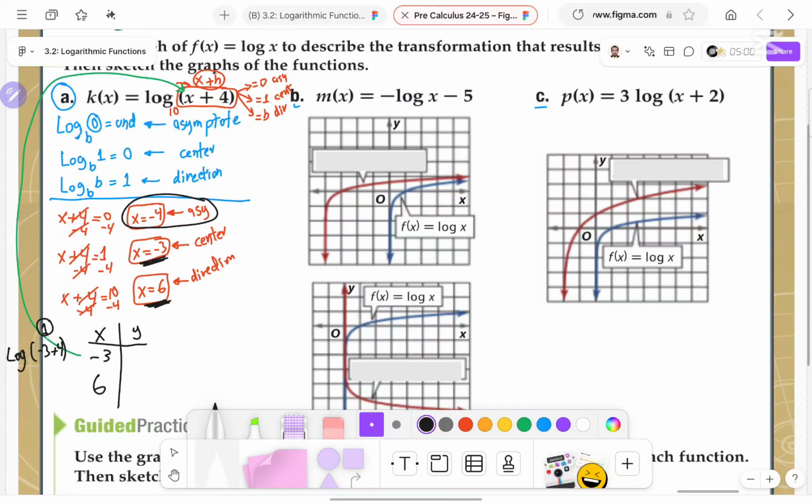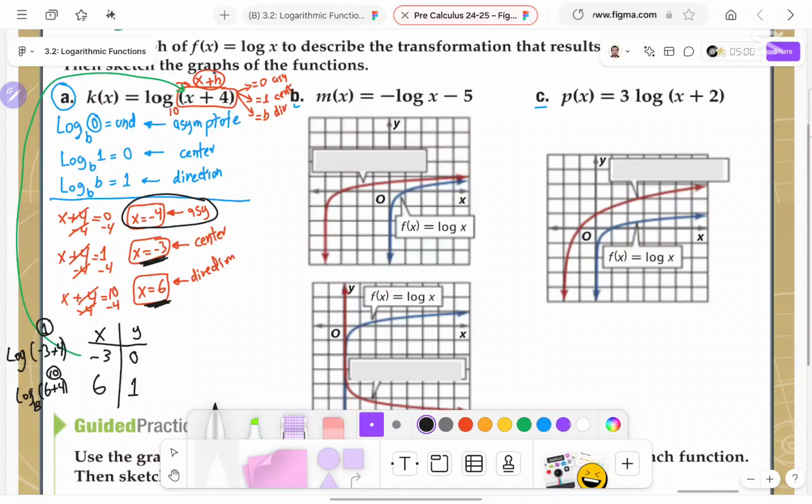So what is log 1? Log 1 is equal to 0. Now let's replace 6. Log of 6 plus 4 is equal to 10. So what's log 10? Here the base is also 10, so because it's 10 and 10, the answer is 1.